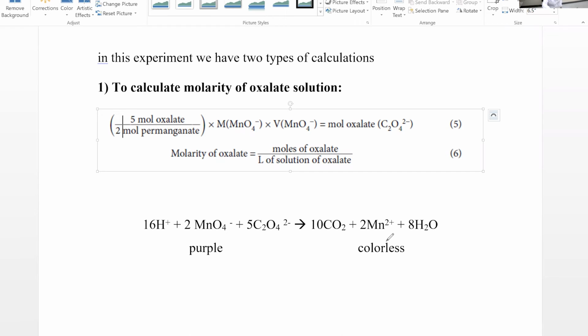In this case, we don't need an indicator because one of the reactants is purple but the product is colorless. At the moment that all of the oxalate ion has reacted with the added permanganate, you're going to add an extra drop of permanganate, the purple color would stay, and when the purple color stays, that is the endpoint of the reaction.